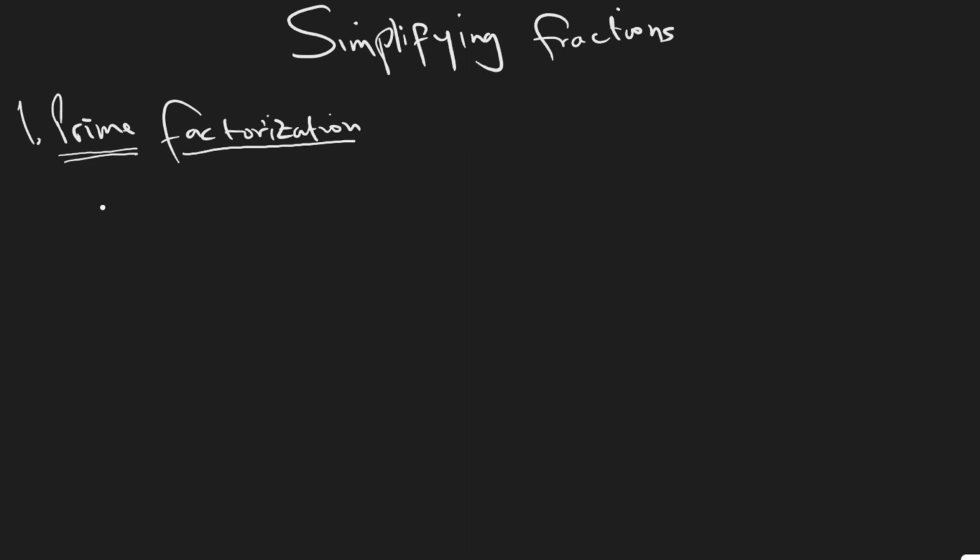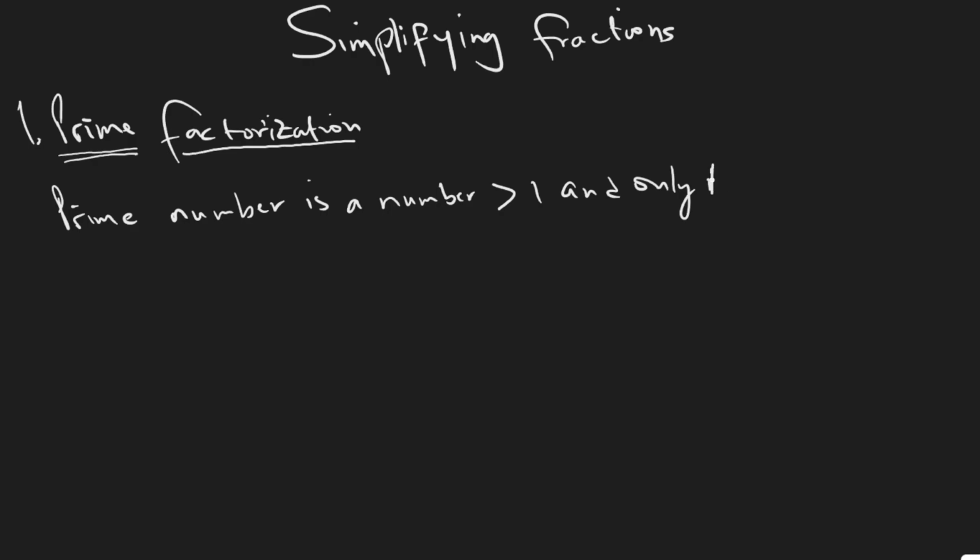A prime number is a number that is greater than 1 and has only 1 and itself as a factor.